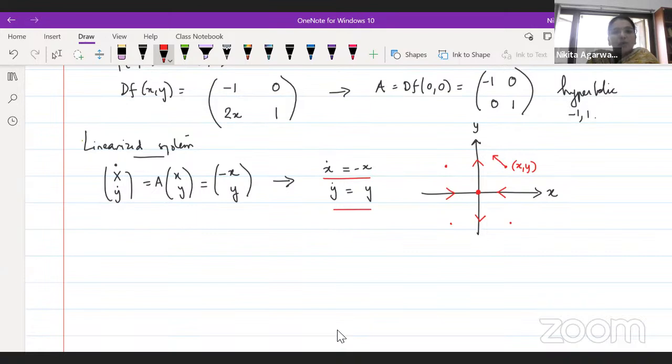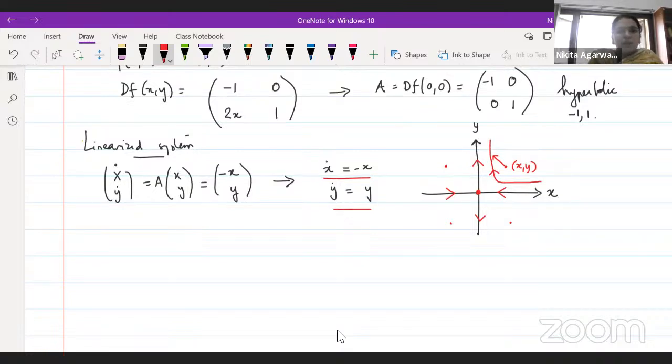So if x is equal to y, then this slope is 45 degrees from the left side. But if x is more than y, then the left component is more than the y component. And therefore, you can actually show that the solution curve will look like this.